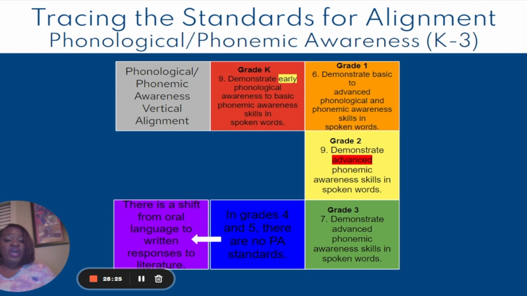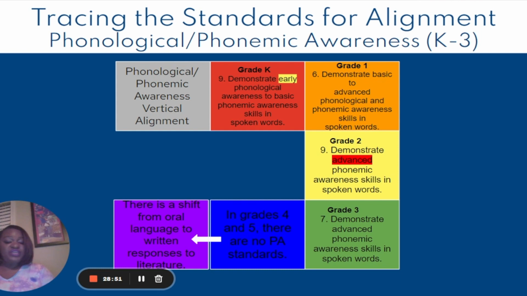In grade 1, the word early disappears and it just states to demonstrate basic to advanced phonological and phonemic awareness skills in spoken words. As we move from grade 1 to grade 2, the word advanced is highlighted.